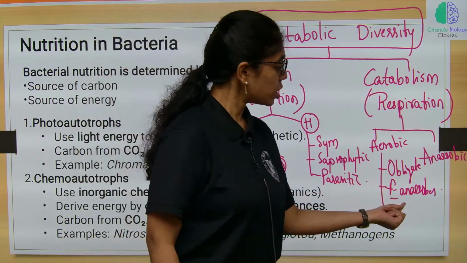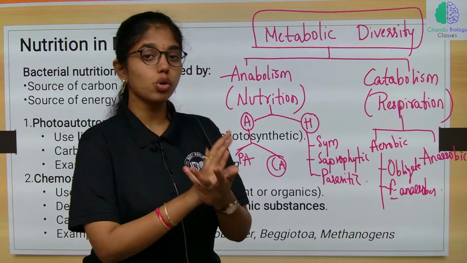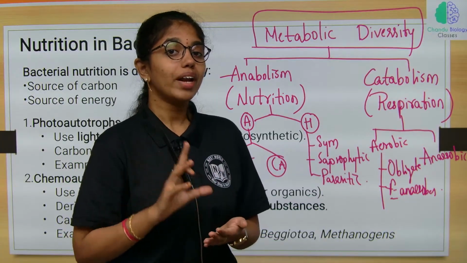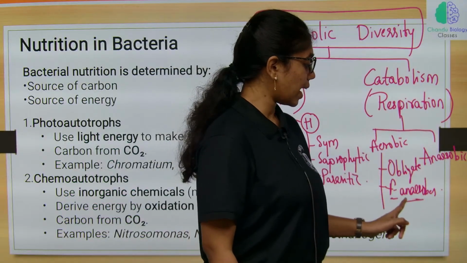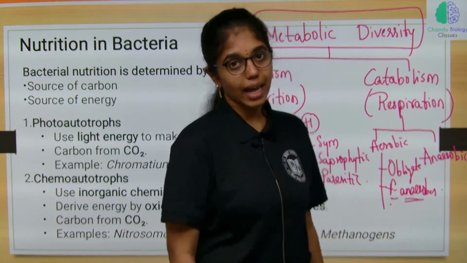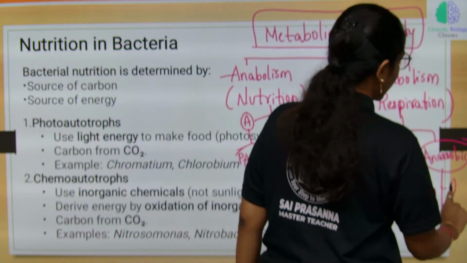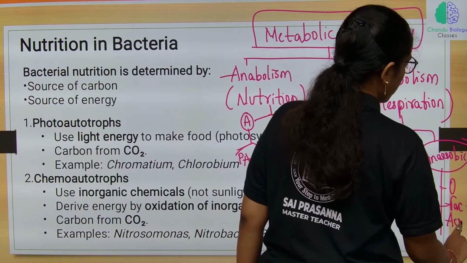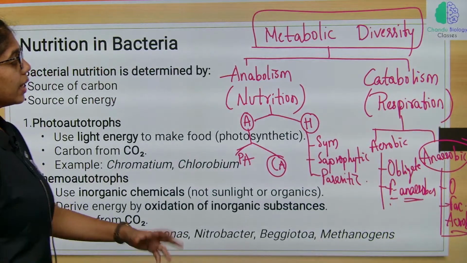Most of the time the food is oxidized only in the presence of oxygen, but whenever the bacteria is deprived of oxygen, at that time also it is oxidizing. So, that is why it is called facultative anaerobes. Sometimes it is acting as anaerobes. And then anaerobic respiration, we have obligate anaerobes or facultative aerobes. Till here it is clear, right?